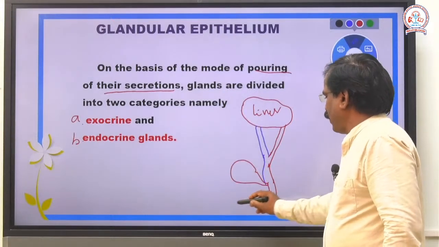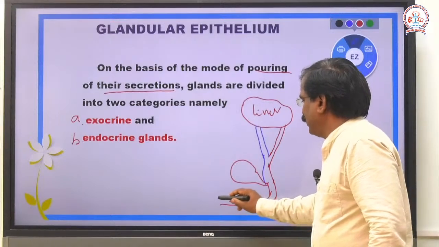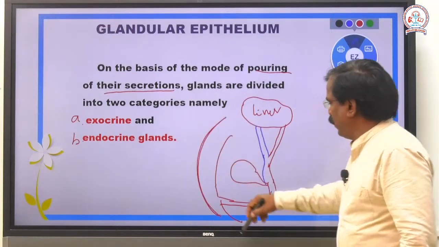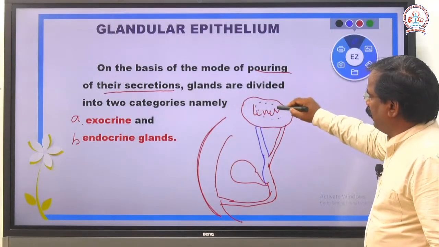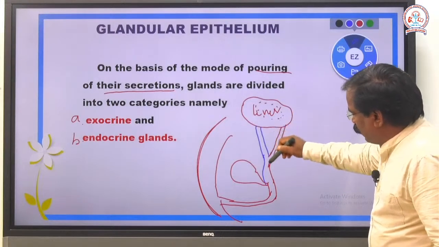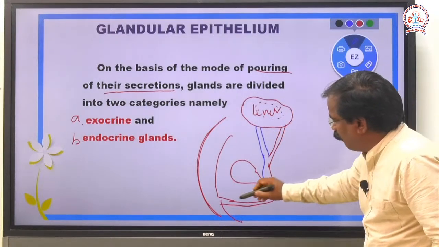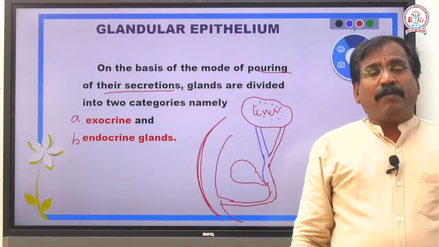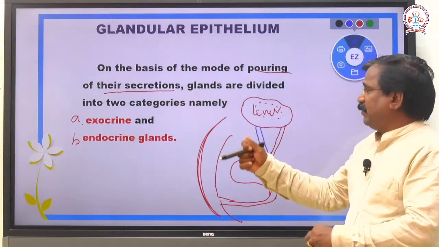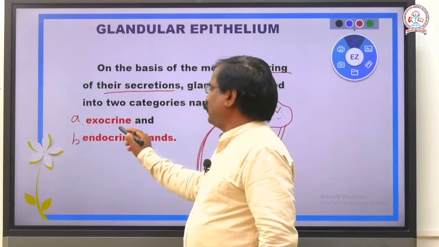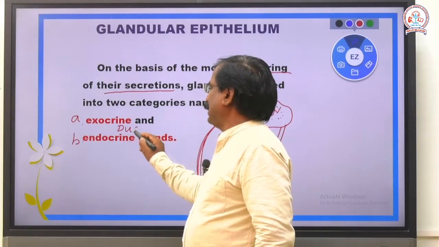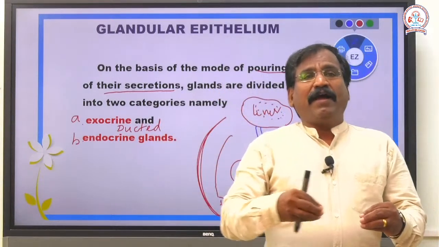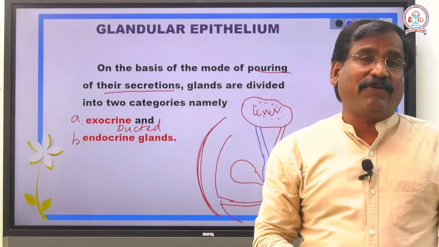It is carried and poured into the duodenum, the small intestine. So the secretion of the liver, namely bile, is transported through the duct and poured into the target organ, where it has to work. Pouring into the target organ through a duct is called exocrine, or ducted gland.